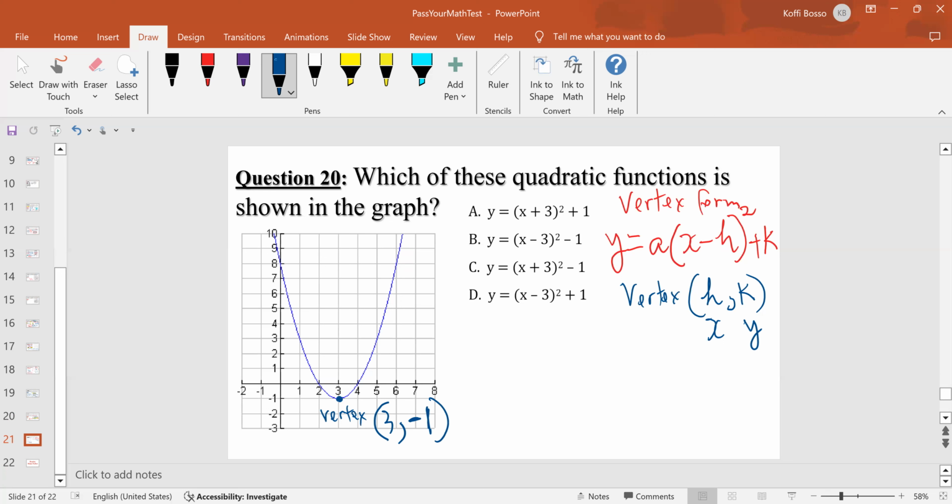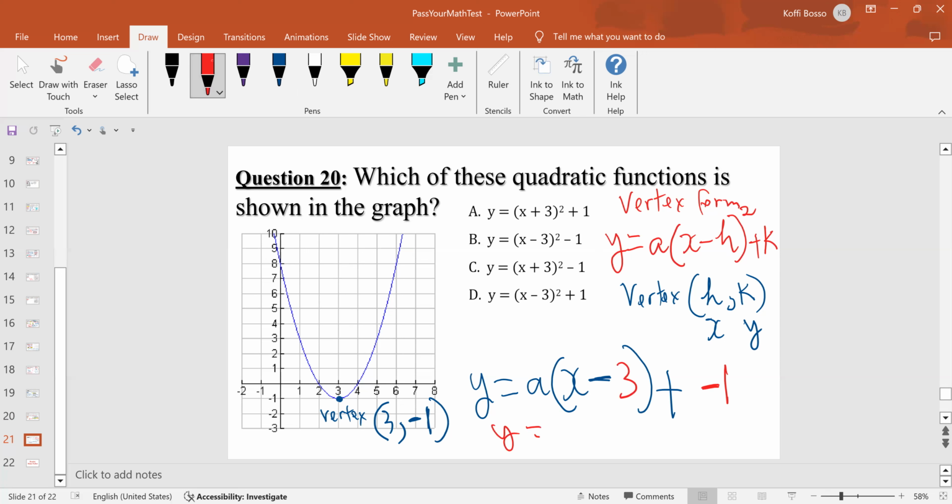Now we want to figure out the correct graph. Based on the vertex, we should get our equation of y equals a parenthesis x minus the h value, which is 3, close, plus the k value, which is -1. If you see all the 4 graphs, there is no number before the parenthesis.